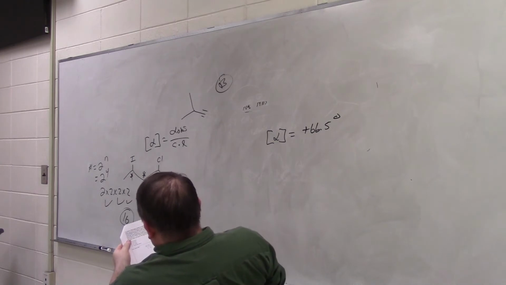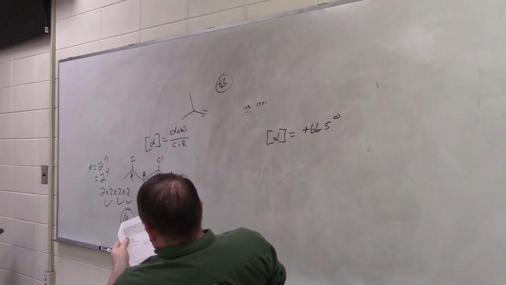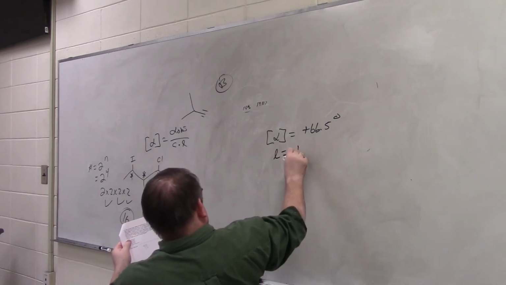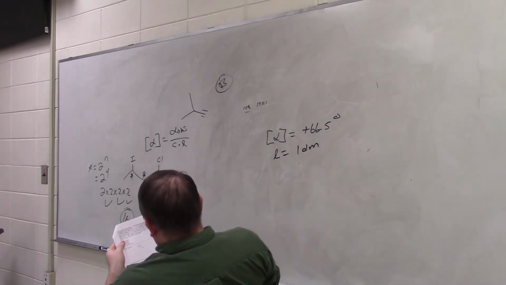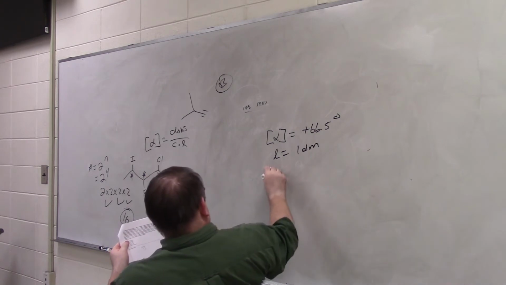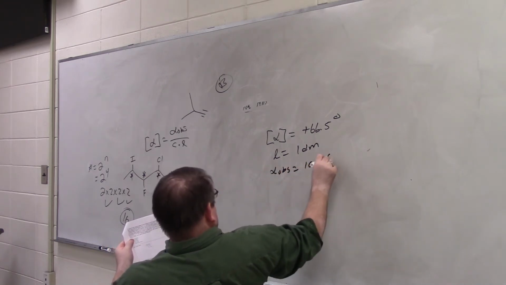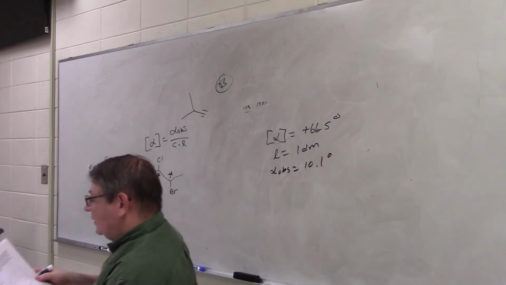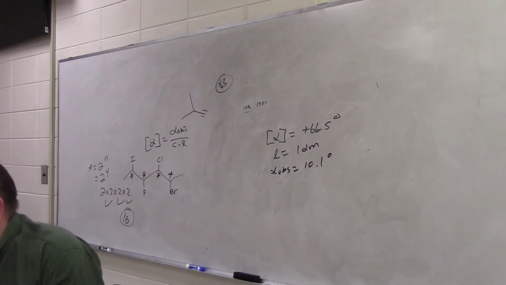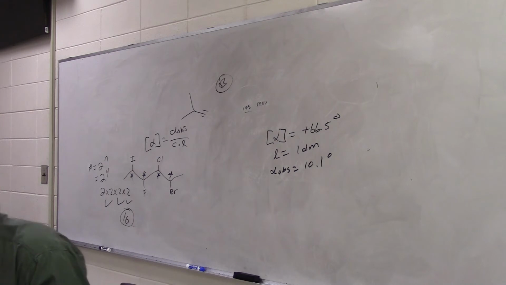The chemist placed a sample of the solution in a polarimeter that has a path length of 1 decimeter, and they obtained an alpha observed of 10.1 degrees. What is the concentration in grams per milliliter that the chemist reported back to the company?